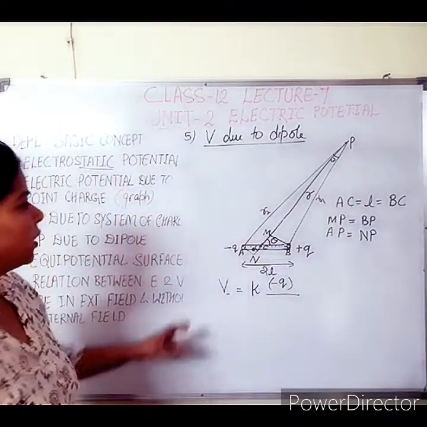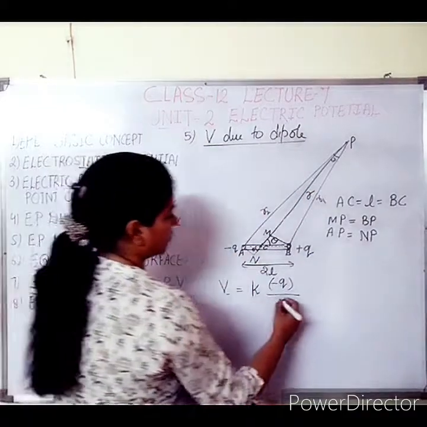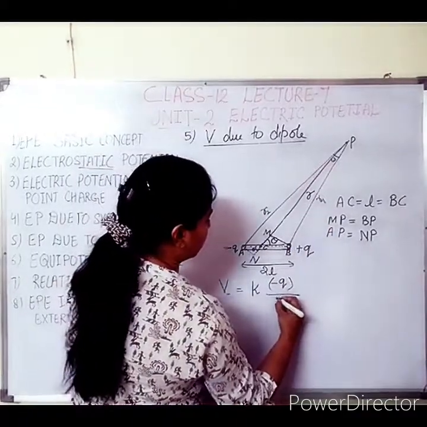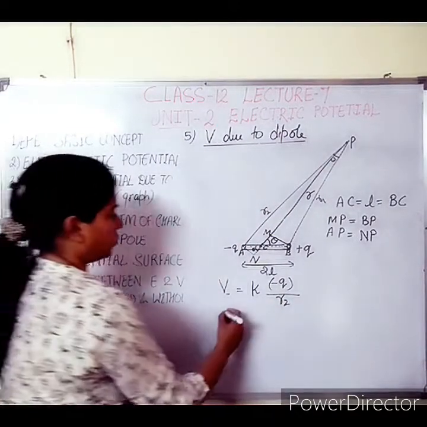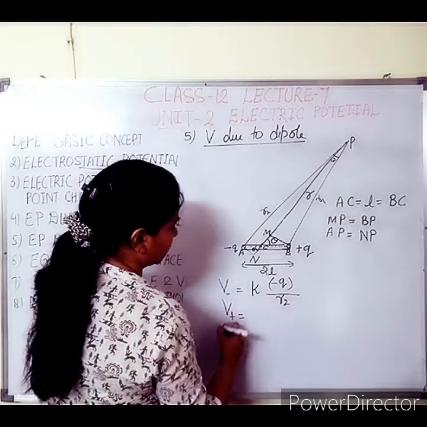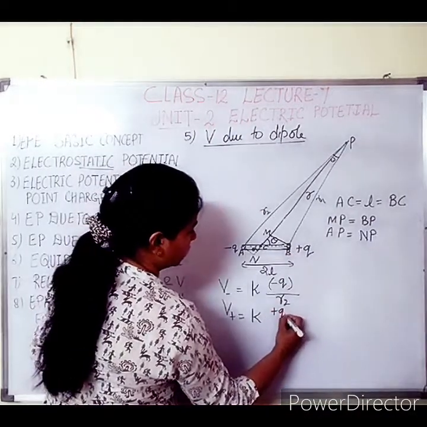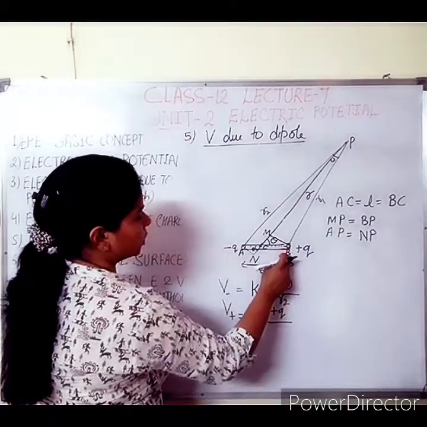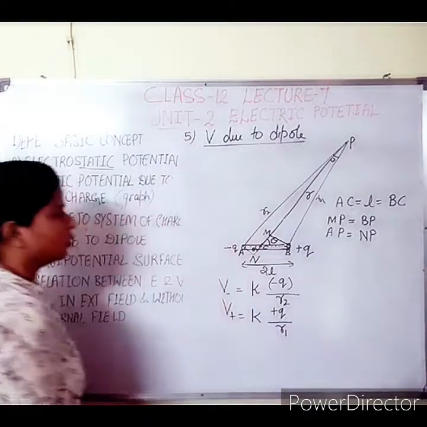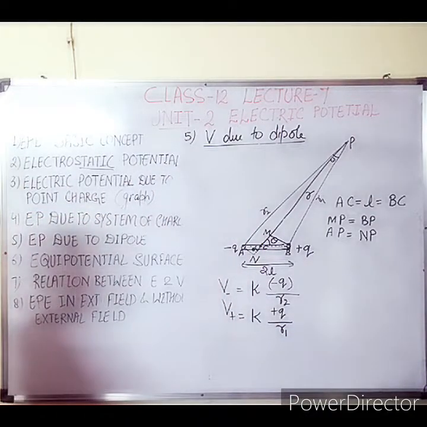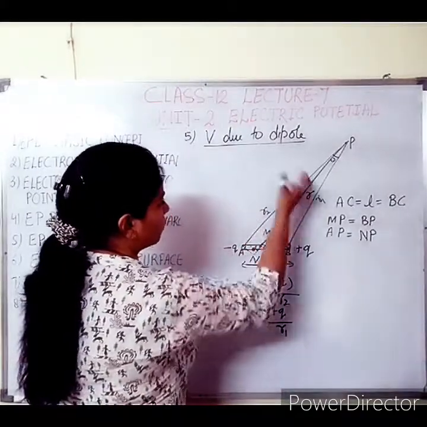Minus Q, and the position of minus Q from the P point. So what is that position? This is equal to R2. Okay. Now V plus is equal to what? It is K, because we have taken plus charge, so plus Q divided by the position of plus Q from the P point as R1. Okay. Now what is the value of R1 and R2 in the form of R?